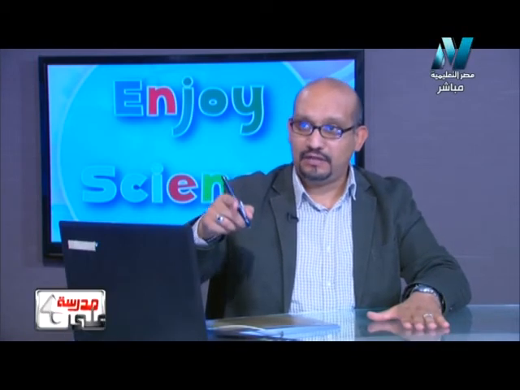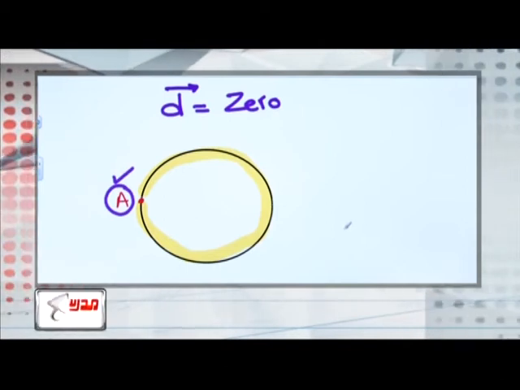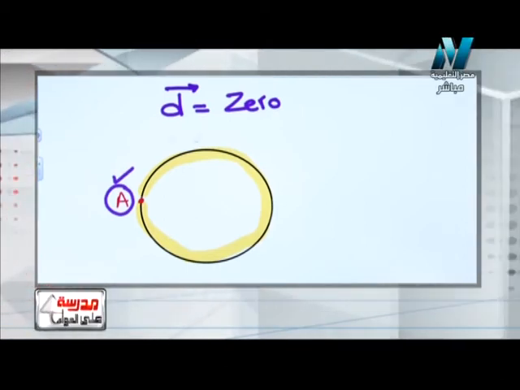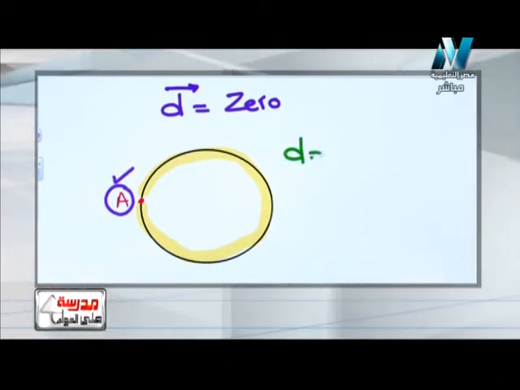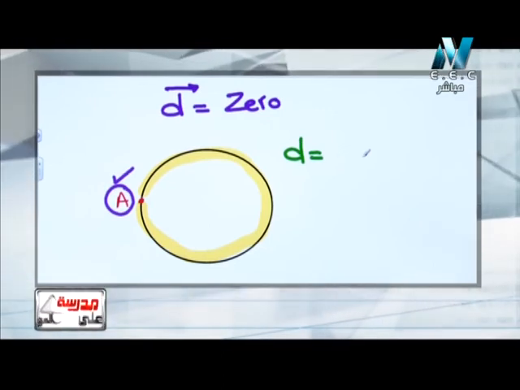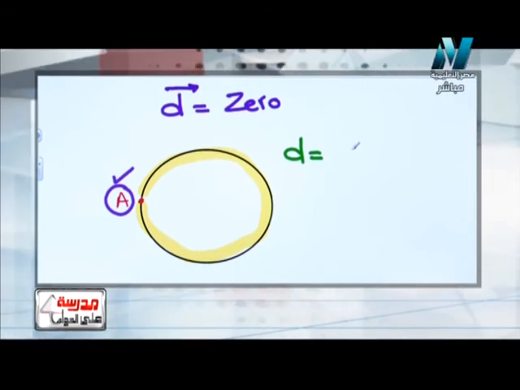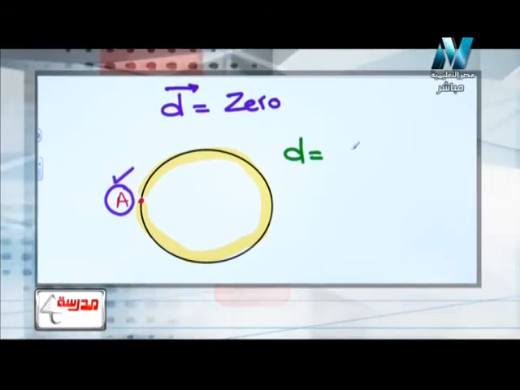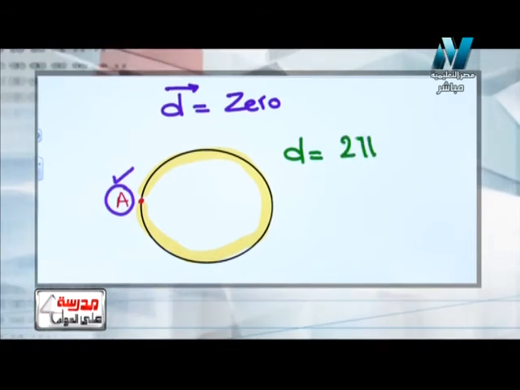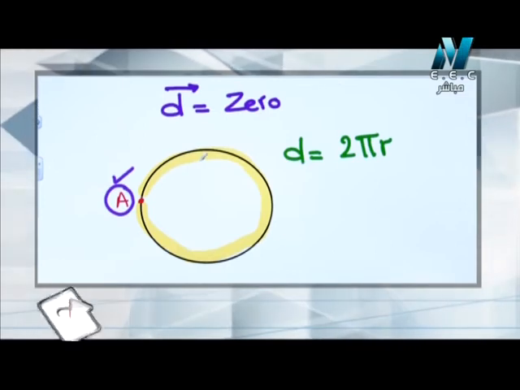Mr. Wael, if we want to calculate the distance in this problem? Yes, very good question. As you studied in math, distance in the whole circle equals the circumference, 2πr. And what is the value of π, Mr. Muhammad? 22/7 or 3.14.